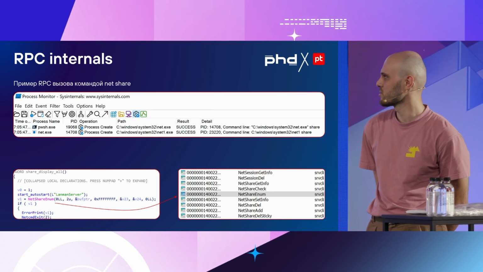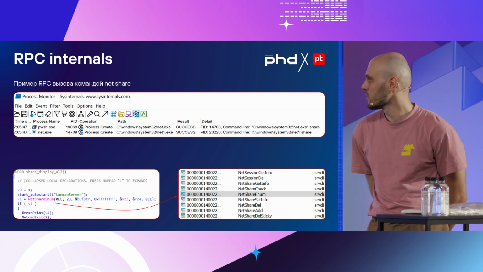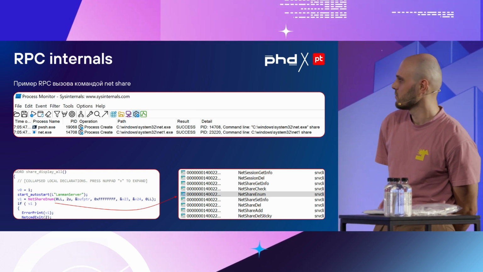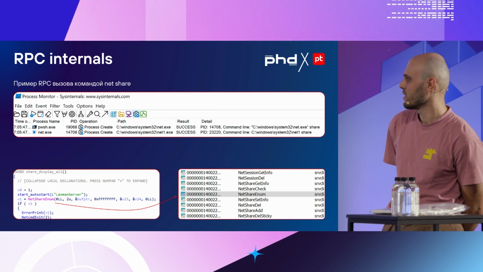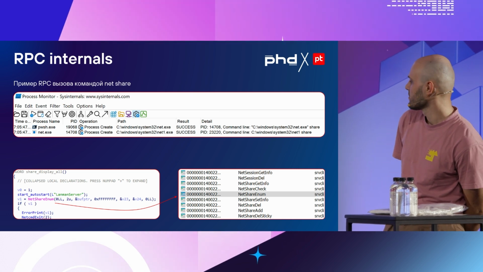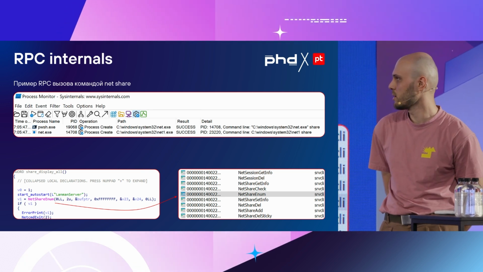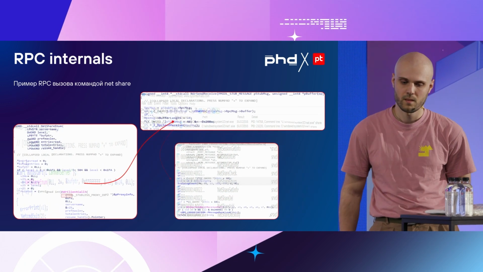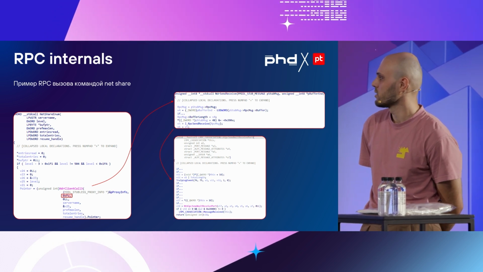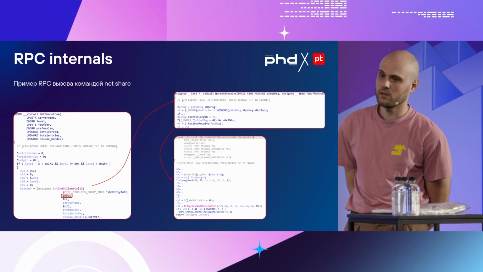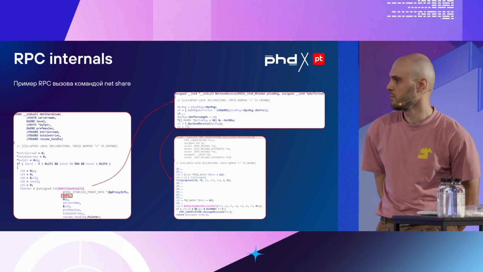We see that PowerShell launches NetShare, then it launches net1.exe, and we see the share display all function that calls the netshare enum function. We see it's implemented in the other DLL, and we go there, and here's what we see. This function is just a relay to NDR client 03.